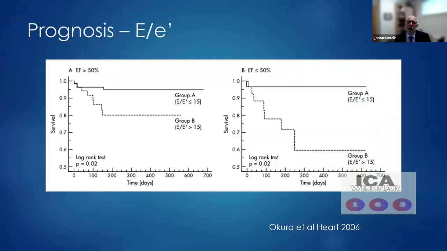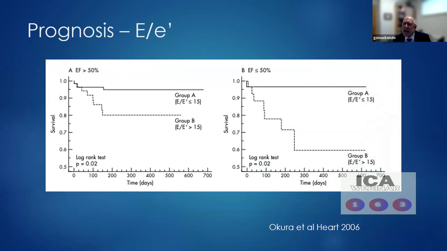This is a study that was published in 2006 by Okura et al. And these are Kaplan-Meier plots of survival in patients who were admitted with heart failure, who had a normal EF on the left-hand side of the screen and a reduced EF on the right-hand side of the screen.